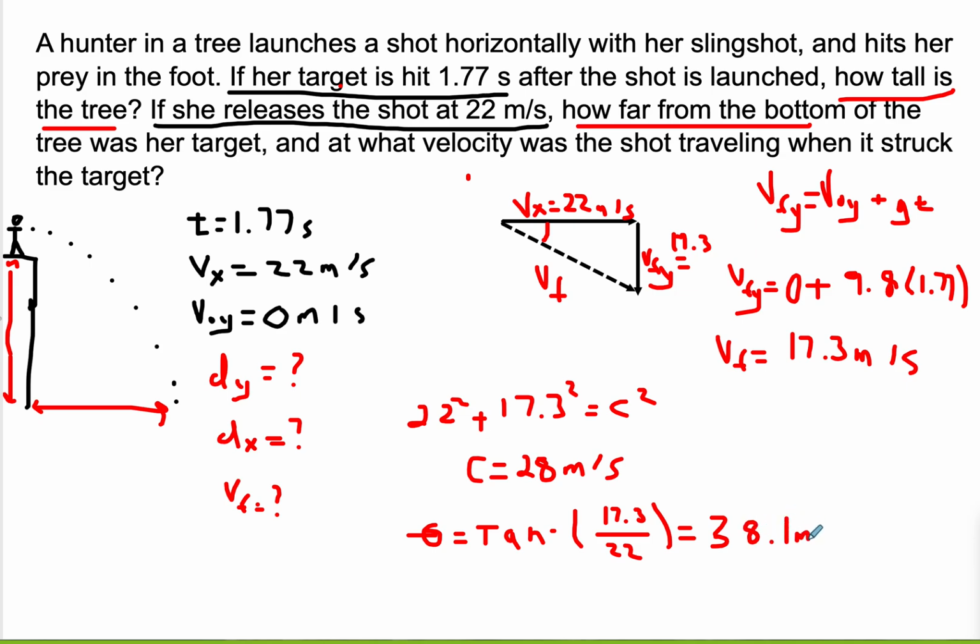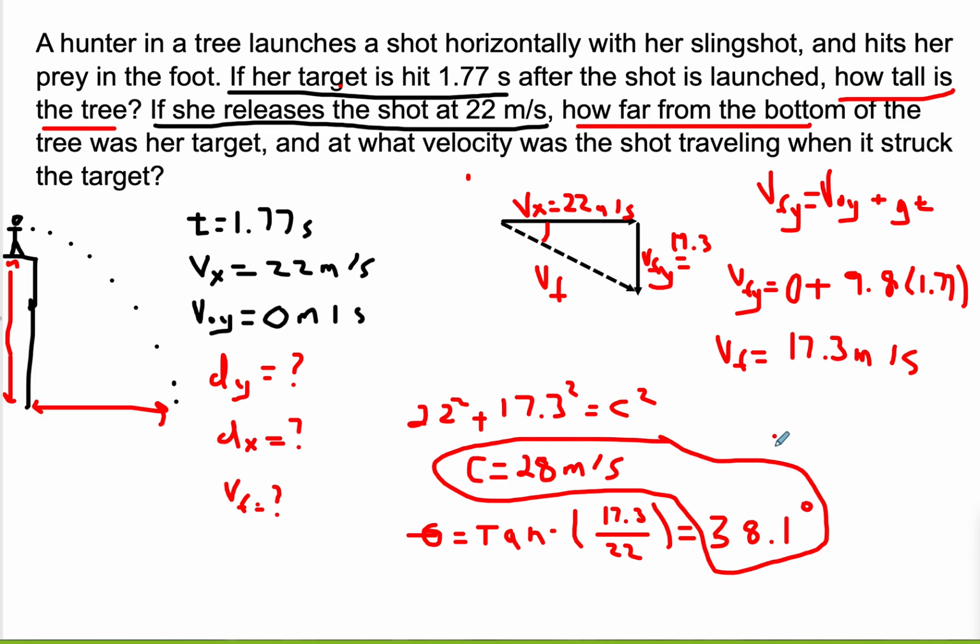And the reason that this angle is so much smaller than the angle in our other problems is because she wasn't very high in this tree. So she didn't gain as much speed because of gravity. Oh, why did I write meters per second? That's supposed to be degrees. So 28 meters per second at 38.1 degrees. That equals VF.